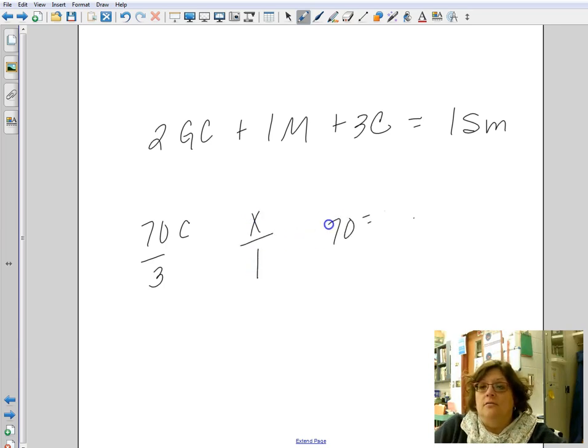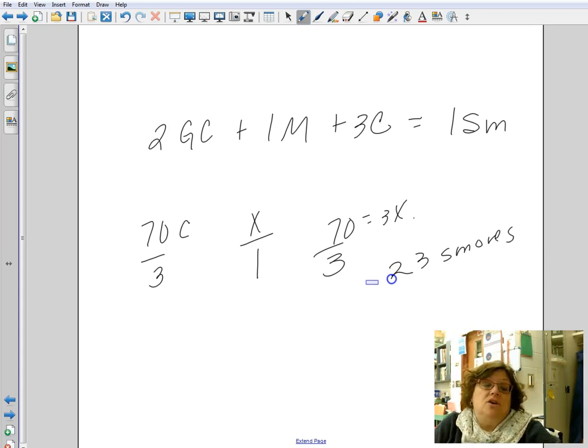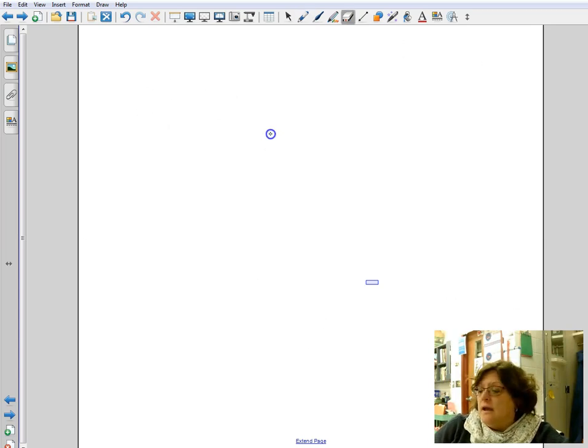So divide by 3, and that would be 23 and a part of 1. So you'd have some extra chocolate to eat, which is always good. That's all we're doing. We're just looking at ratios.